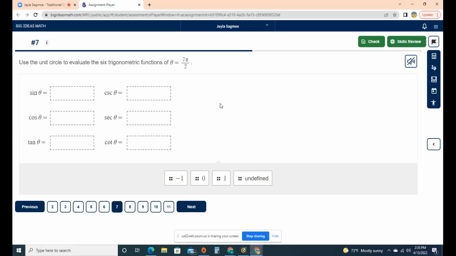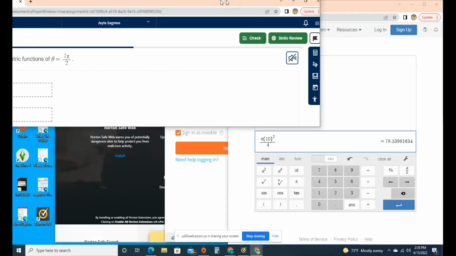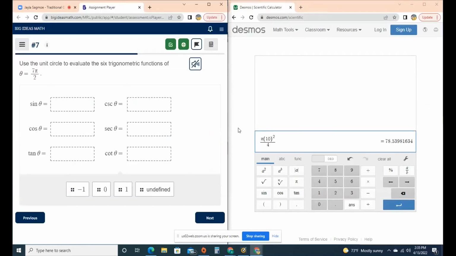Okay, so I want you to make this the left side of the screen, and then on the right side, pull up your Desmos calculator. And I want you to type in sine and then 7 pi over 2.